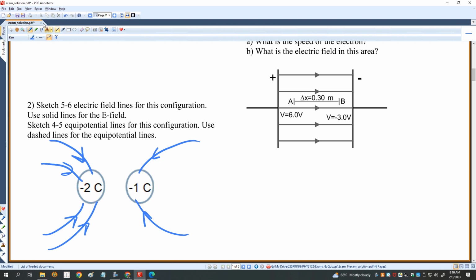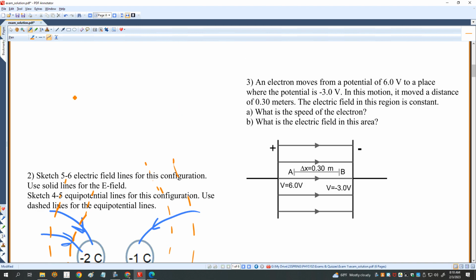And then if I'm drawing the potential lines, they'll look something like this. They actually sort of flatten out as they go out into space.